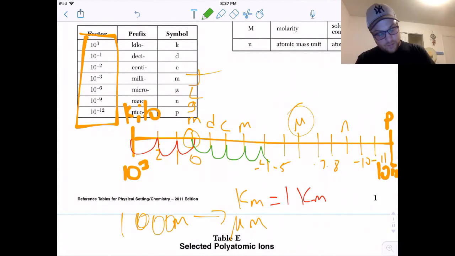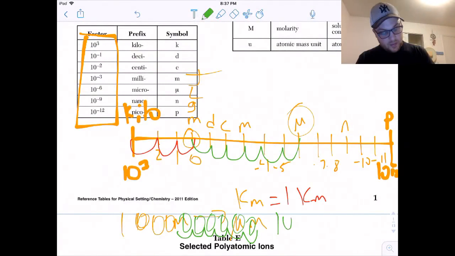So, like I said, converting with these is not a popular topic. There's a lot more chemistry, I think, that's more important for us to make sure we get on the Regents. But they might pop up. The biggest ones I always see are milliliters to liters, and vice versa, for your molarity equation.